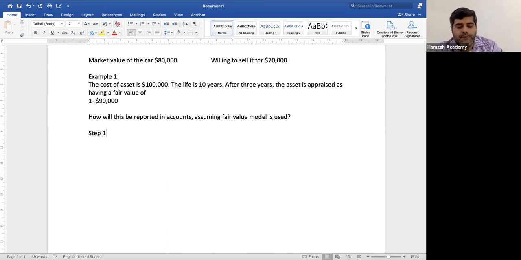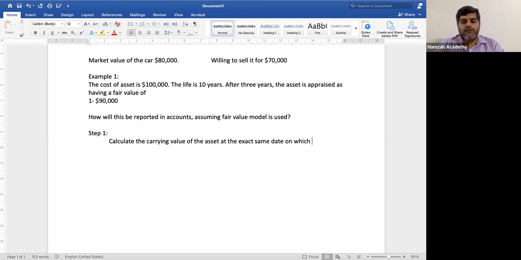Step one, remember, calculate the carrying value of the asset on the exact same date on which the fair value is given.